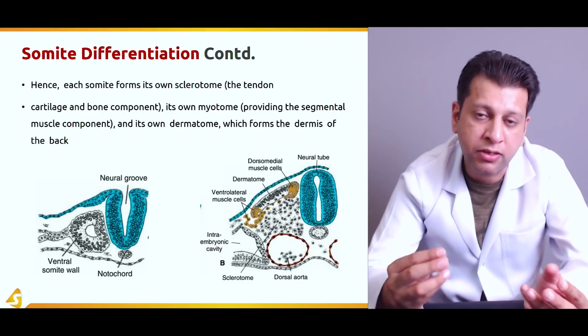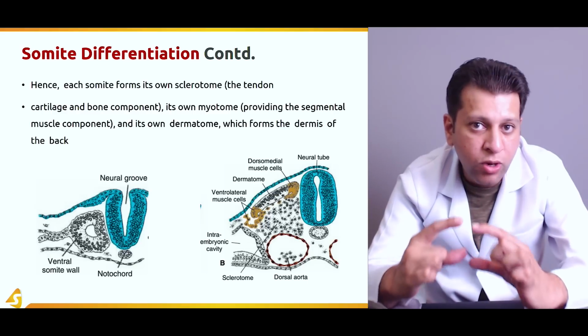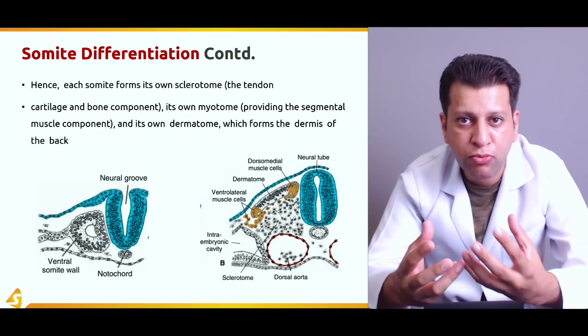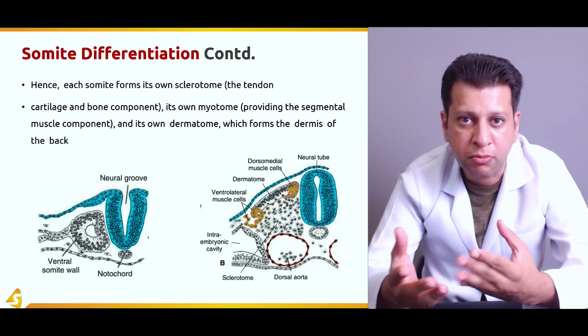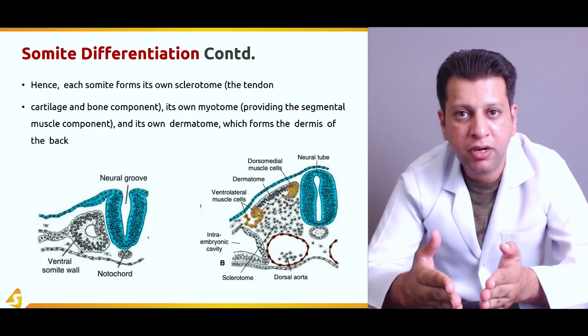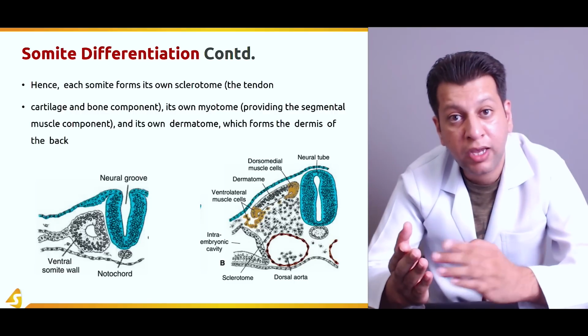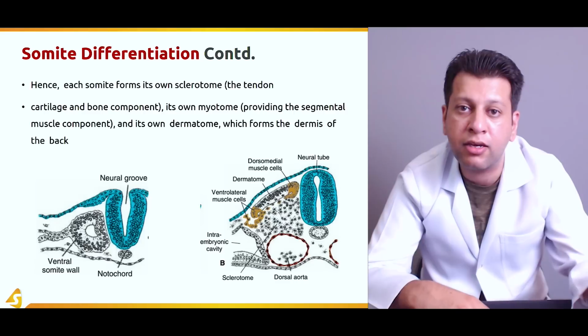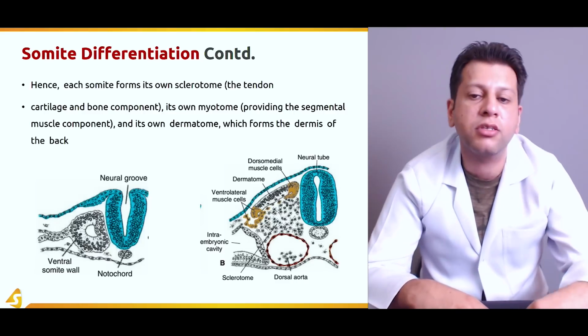So at the L1 vertebra in adults, the vertebral osseous or bony part is derived from mesoderm, but the spinal cord going in between is derived from the ectoderm, and the spinal nerve coming out, going into the dorsal root ganglia, is derived from the neural crest cells.